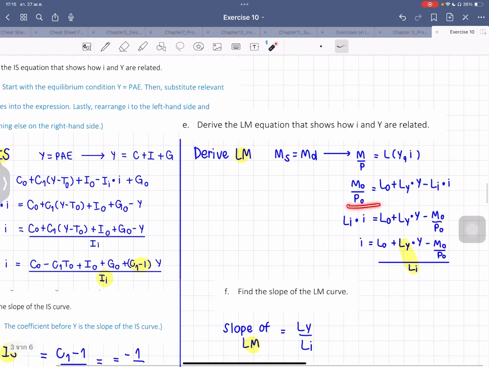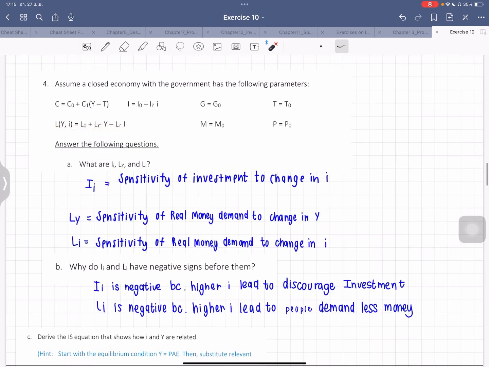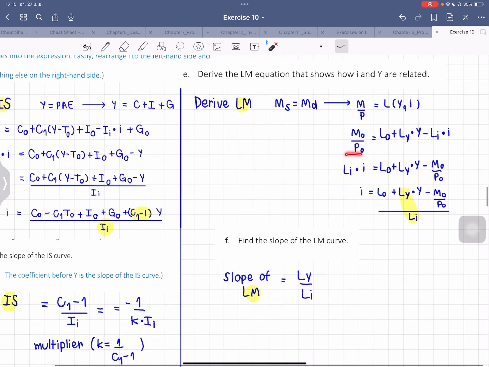So you can get this one from the information above, this one and this one. You can get this one.